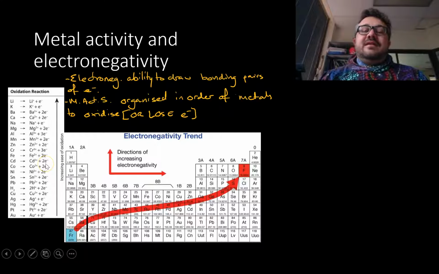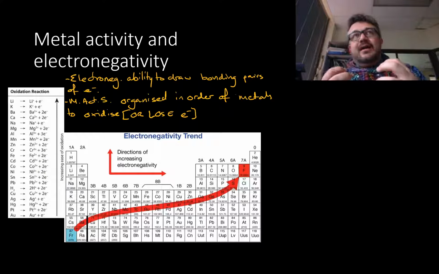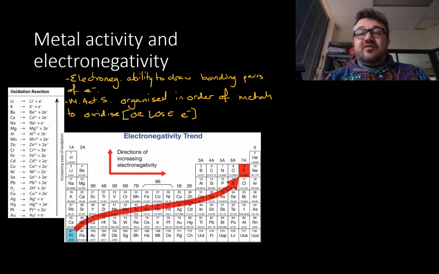So let's have a look at metal activity and electronegativity. The electronegativity of an atom is the ability to draw a bonding pair of electrons in. Now, the metal activity series is organized in order of metals' ability to oxidize or lose electrons, which is the opposite of drawing a bonding pair of electrons in.